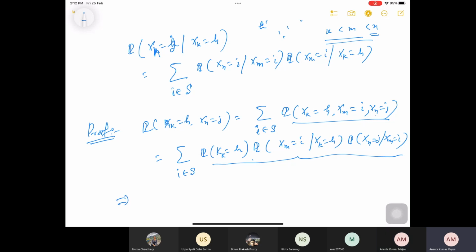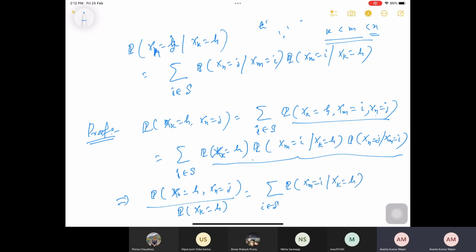So this implies that the probability of x_k is equal to h, x_n is equal to j, divided by the probability of x_k is equal to h, is the same as the summation over i in S of the probability of x_m is equal to i given x_k is equal to h, and then the probability of x_n is equal to j given x_m is equal to i.